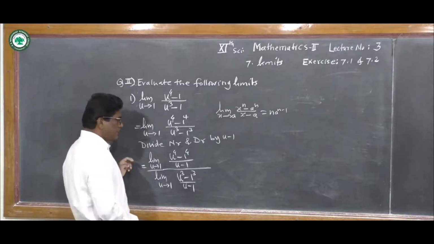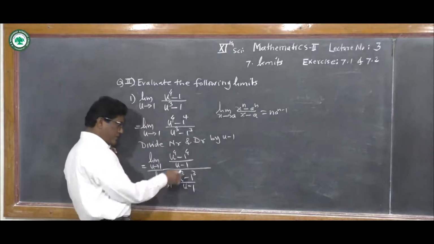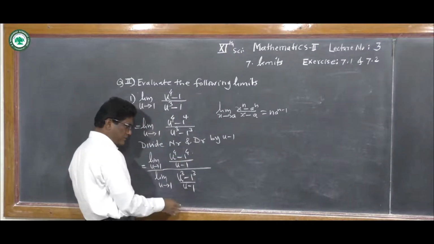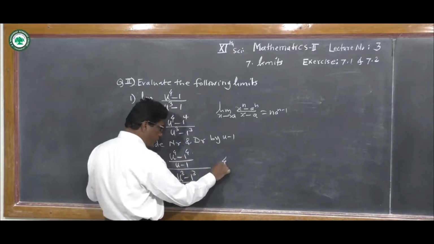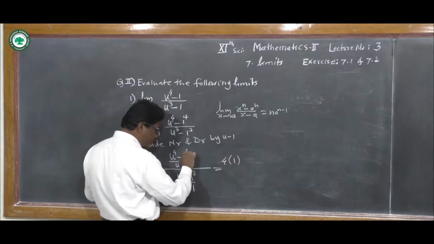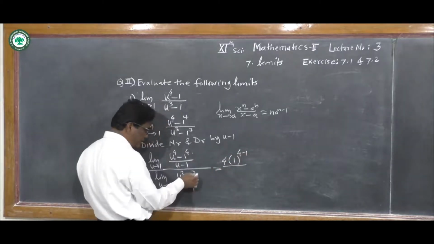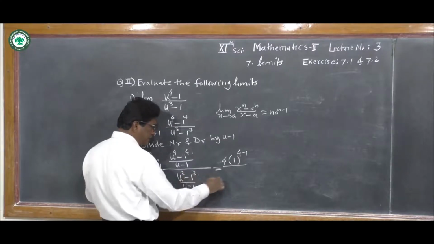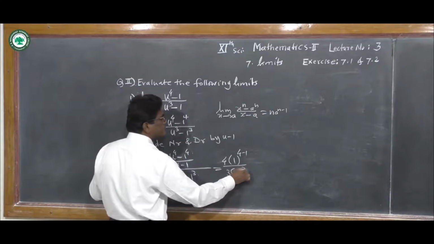Okay. And now the formula is n into a to the power n minus 1. That means from this term 1 to the power 4, and here 1 to the power 3. So in the numerator, n is 4, so 4 into 1 to the power 4 minus 1, divided by, in the denominator, 3 into 1 to the power 3 minus 1.